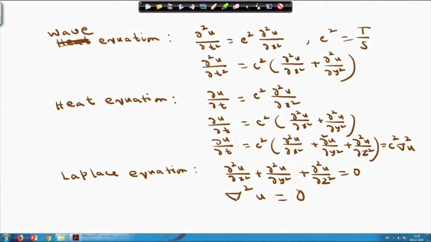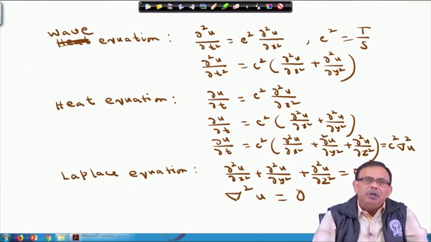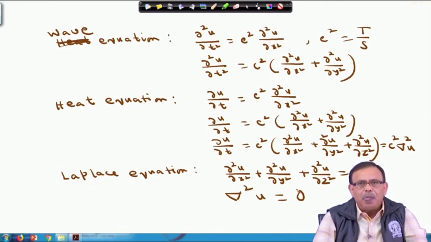So, basically whenever any second order linear PDE is given, we can classify it into either parabolic or hyperbolic or elliptic, and these three correspond to the wave equation, heat equation and Laplace equation.